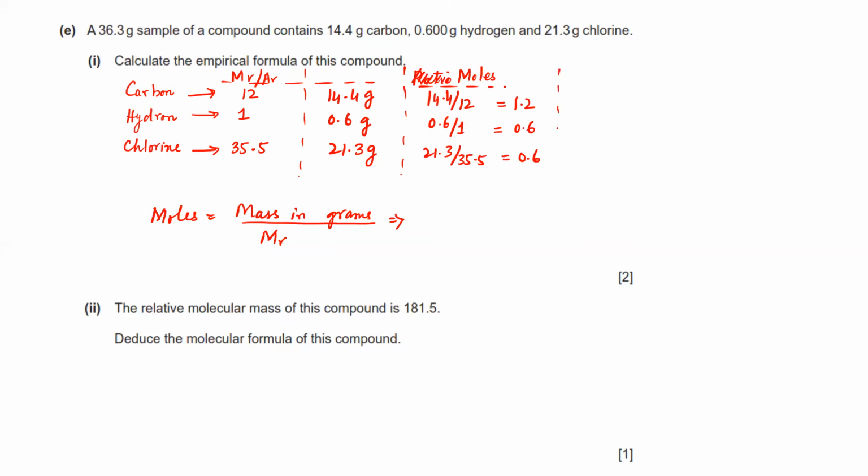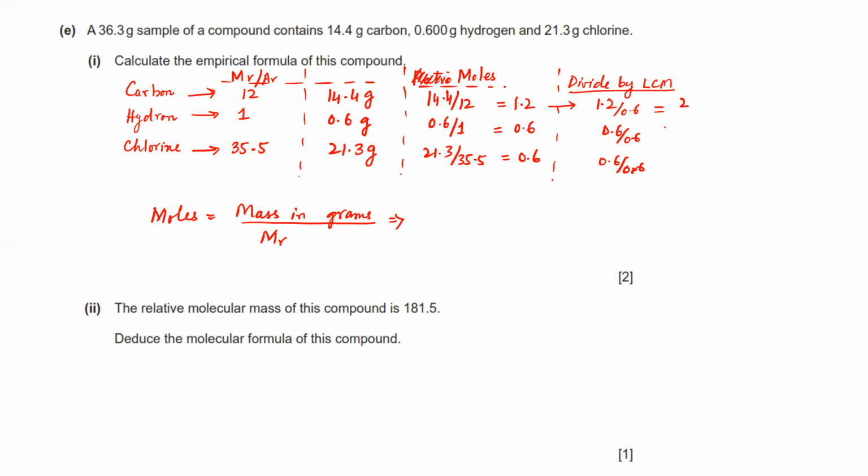Okay. So in order to have the empirical formula, multiply by a factor or divide by a factor that makes it a whole number. So let's say divide by the LCM, or least common factor. So 1.2 divided by 0.6, 0.6 divided by 0.6, 0.6 divided by 0.6.